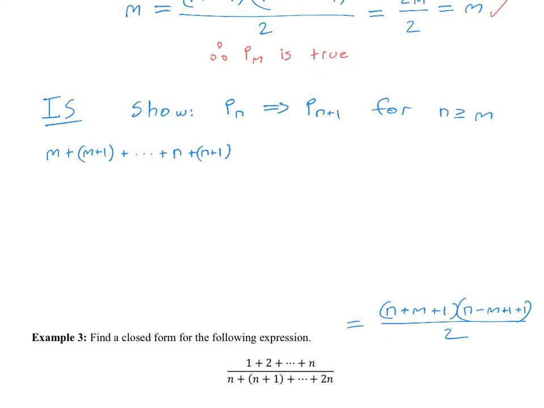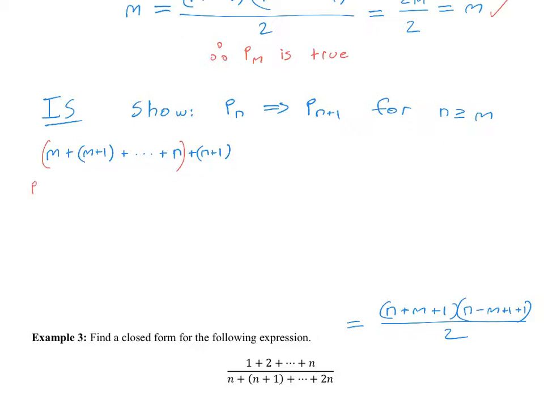All right, so let's see if we can take on this challenge. The first m to n terms on the left-hand side are highlighted right here now in red. So for these terms, we can replace that with what P sub n says.